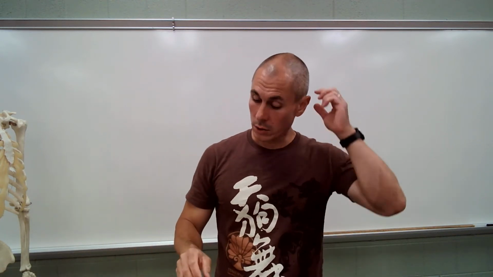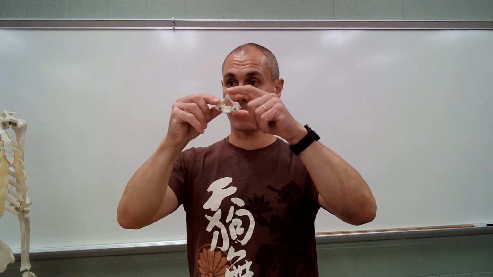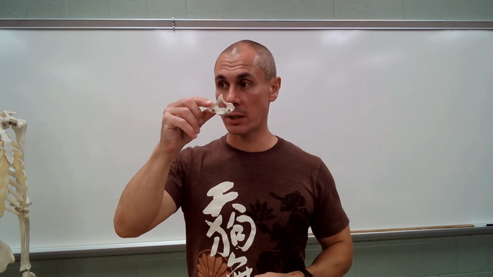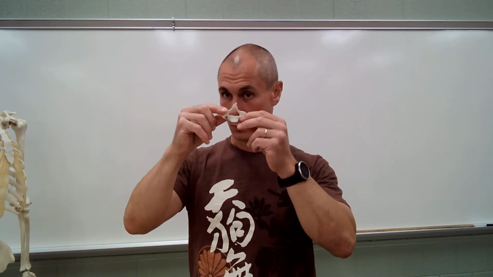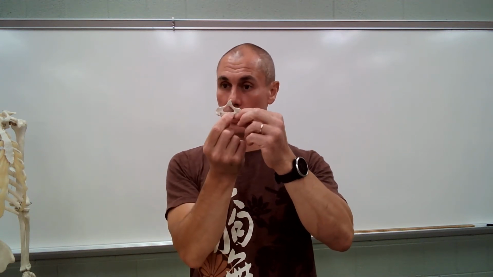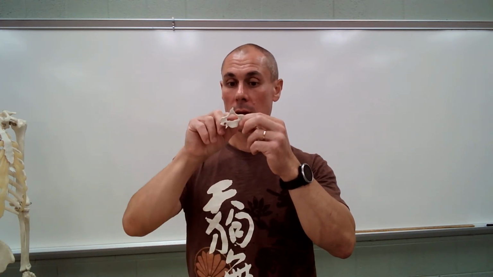I'm going to go back to this too, because now I want to take a typical cervical vertebrae. This part of any vertebra is the spinous process. We good so far? This part here is called body of the vertebrae. This is the vertebral arch.